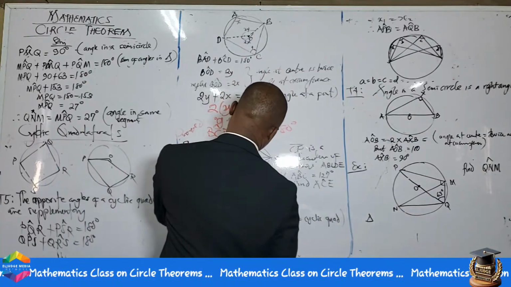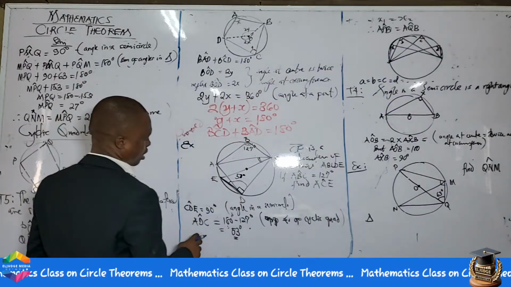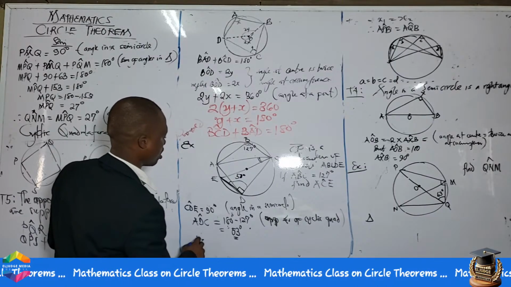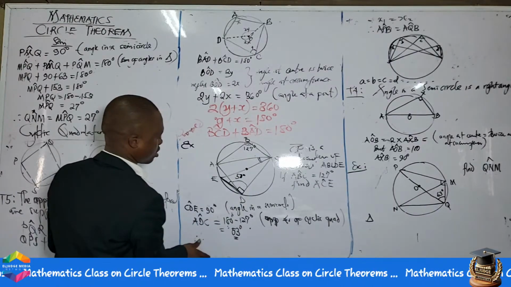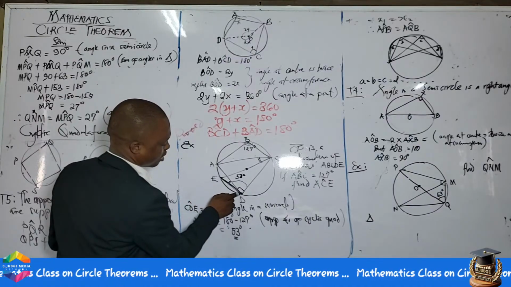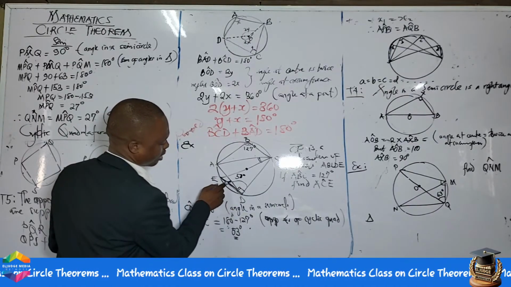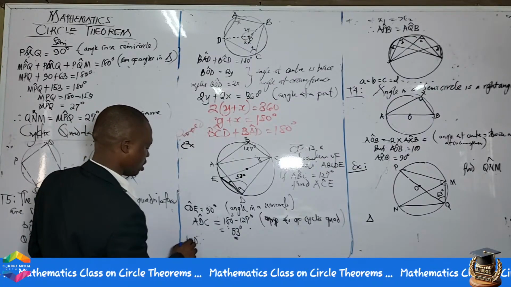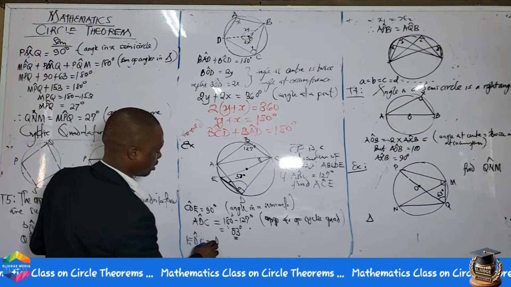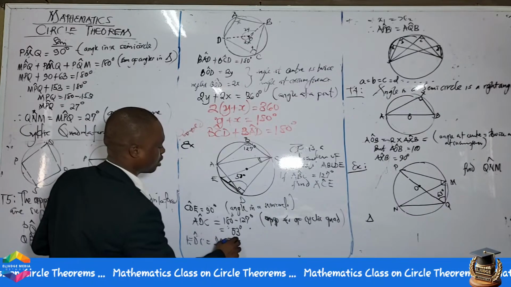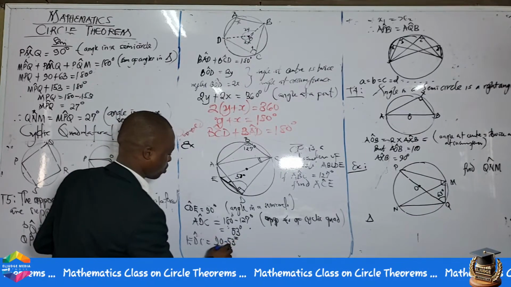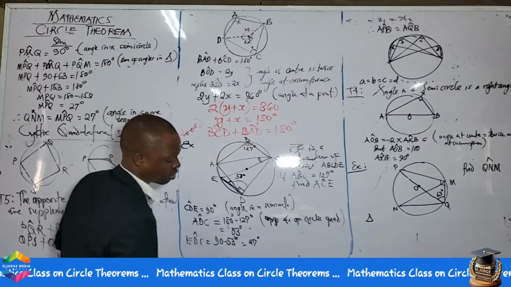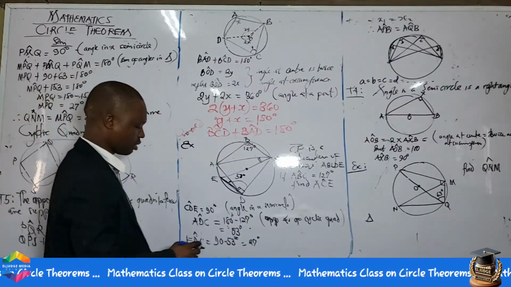This whole thing is 90, so this side here, angle EDA, is 90 minus 53, which is 37 degrees.